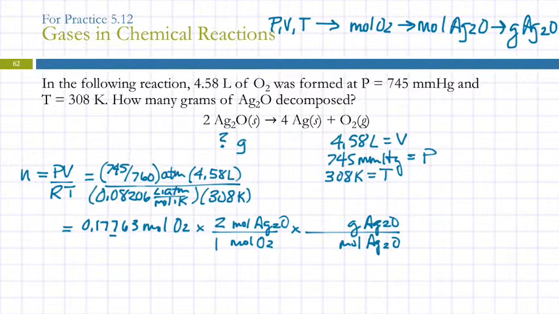And then I need molar mass, so 2 times the mass of silver, it's 107.7, 107.7 times 2 plus 16 for the oxygen, 231.4. Check my units, those cancel, those cancel.